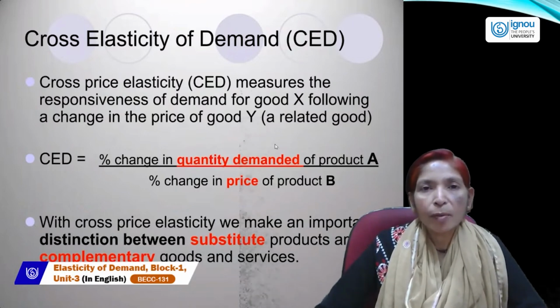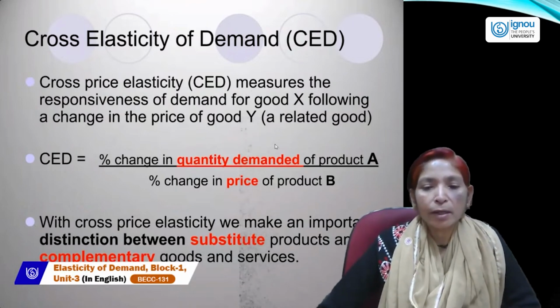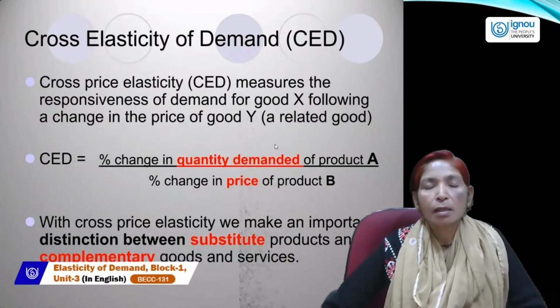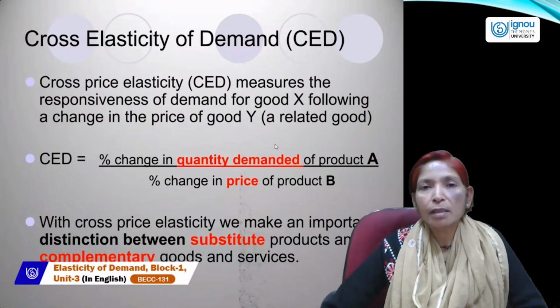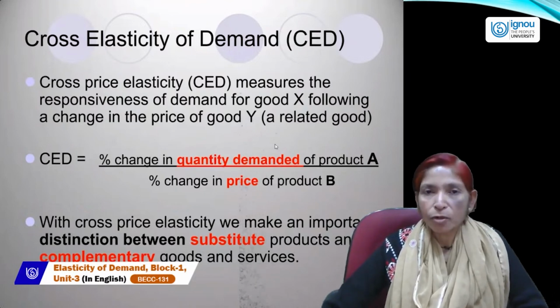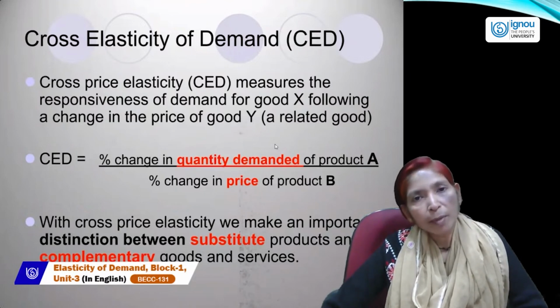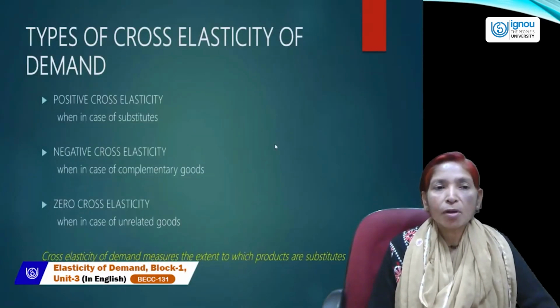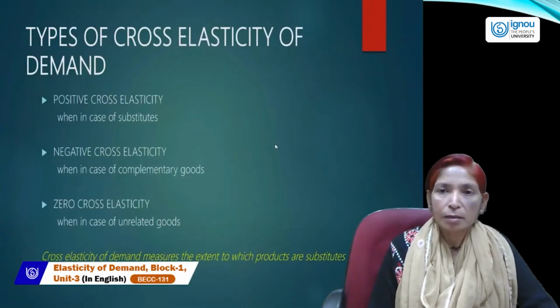It may be substitutable or may be complementary, and its other formula is delta Qx upon delta Py into Px upon Py upon Qx. Here X and Y are two different commodities which may be substitutable or may be complementary.